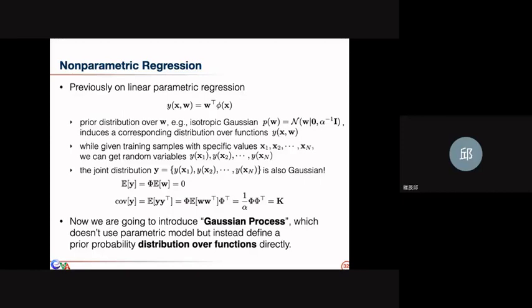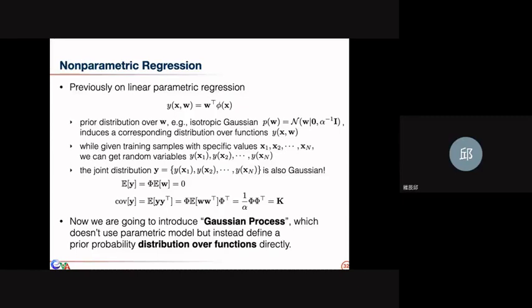And now let's try to consider the idea from the memory-based methods. The intuition behind it is that if, for example, you have two data points, x1 and x2, and they are close to each other, then ideally their corresponding y should also be close to each other.